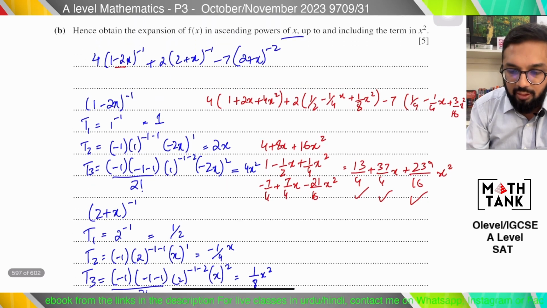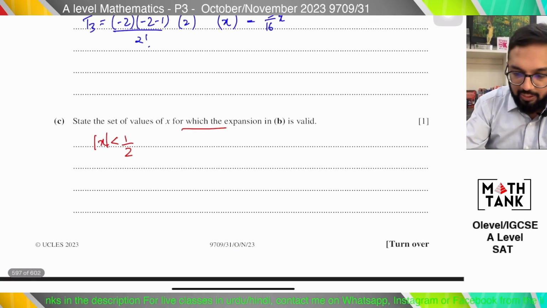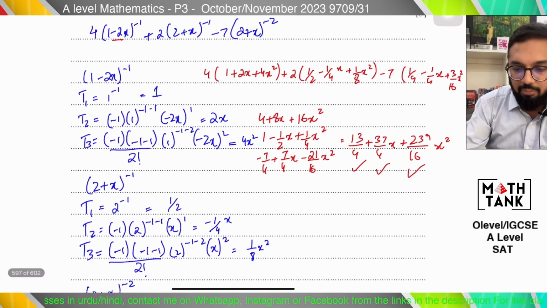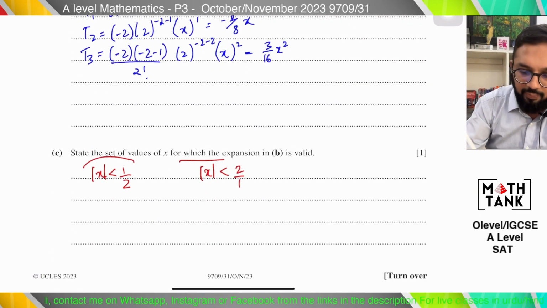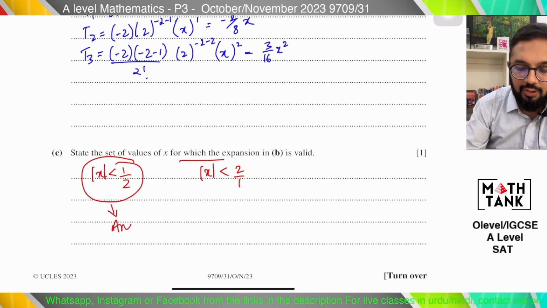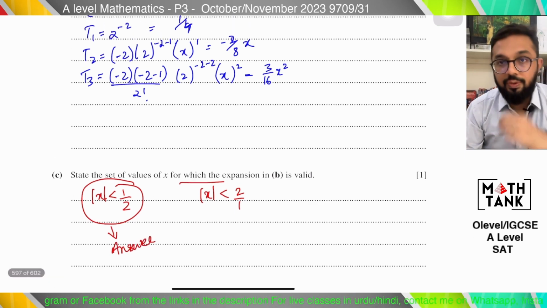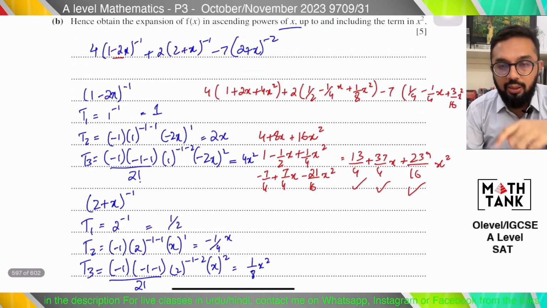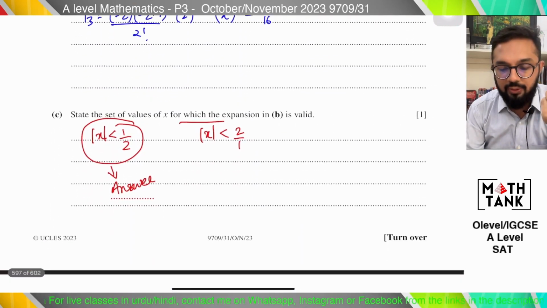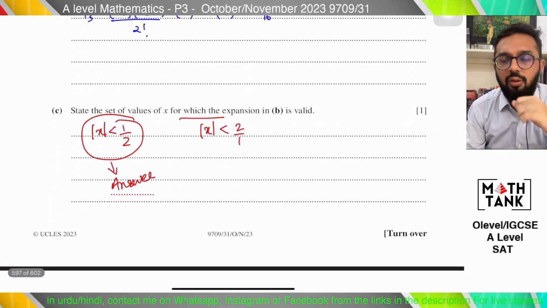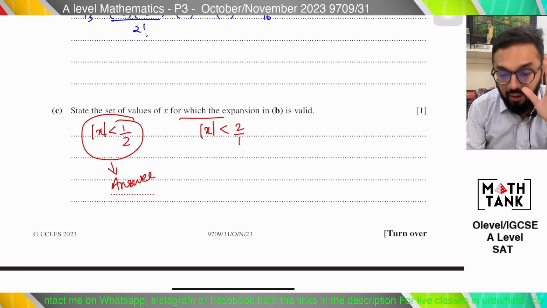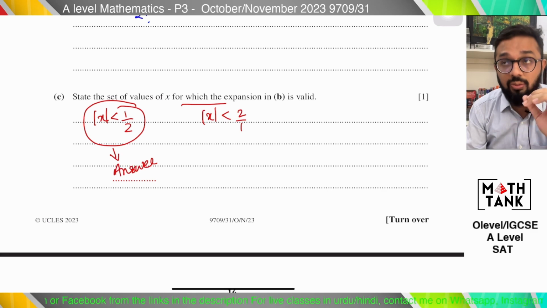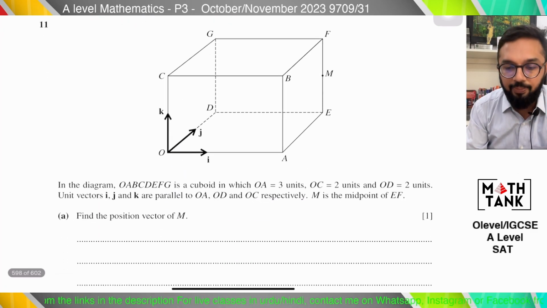Some other expression may be more restrictive; the other expression would be less than 2 over 1 for the second bracket, but this is more restrictive, so this is the answer for this part. Why? Because each expansion will have its own range of validity. The first has modulus of x less than half, the second has modulus of x less than 2 over 1, and the third also has that range of validity, but whichever one is more restrictive will apply to all three.